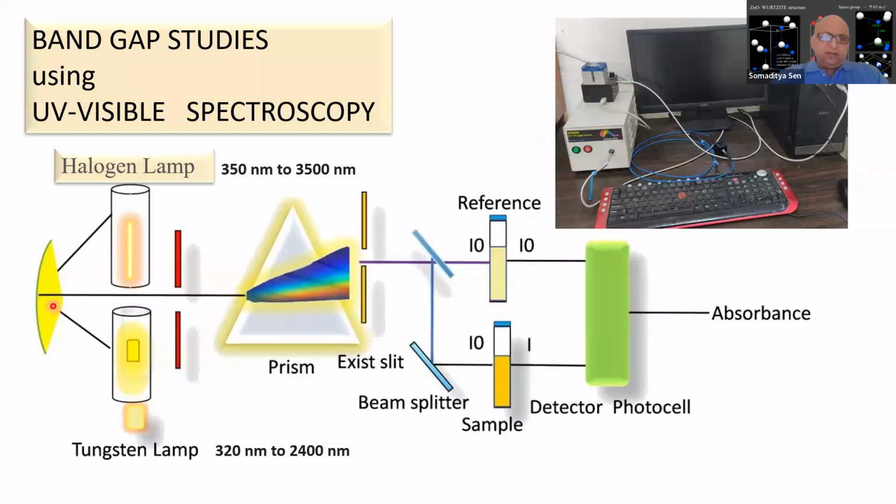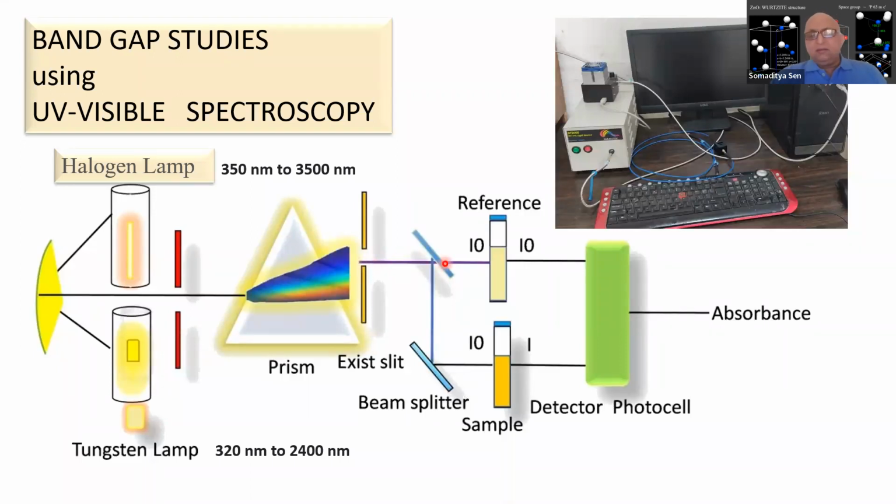It has a halogen lamp and a tungsten lamp, which provide a wide range of wavelengths, and then these fall on a reflector, and then the light is dispersed using a prism or gratings, and selectively we take the wavelength that we are interested in.